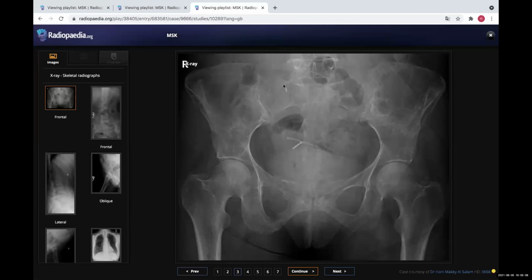But just look at the sacrum. There is something like surgical clips in the upper part on the right side, overlapping the sacrum. When there is such a surgical clip, what should you think of? The patient must probably have been operated on.